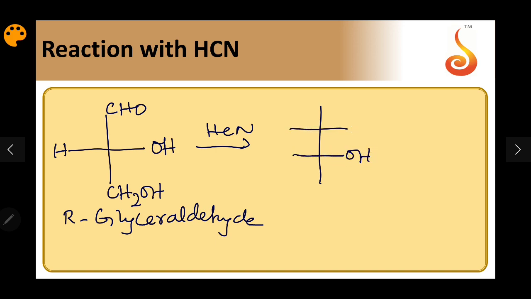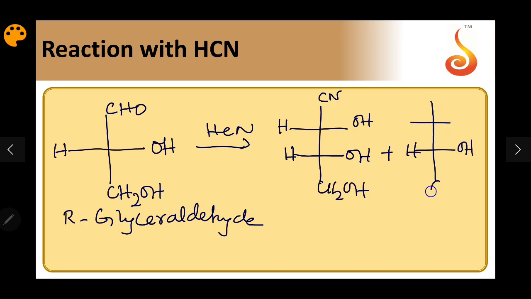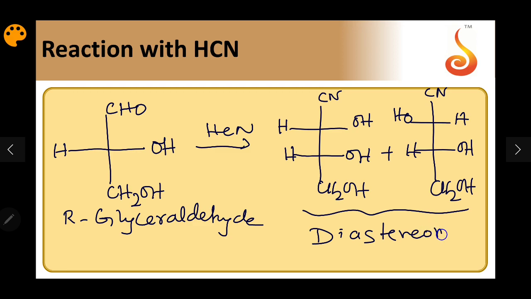The bottom part OH will remain as it is, CH2OH, and the top part I get one CN, one OH and H. The other one is also the same, bottom part will remain as it is. The top part will be CN, but OH and H will be reversed, because the new chiral center generated, I can get both the configurations. Since they are not mirror images here, this is not a racemic mixture, it is a mixture of diastereomers. So when we take an aldehyde which is already having a chiral center, react with HCN or any nucleophilic addition reaction, the formed product is always a diastereomer.